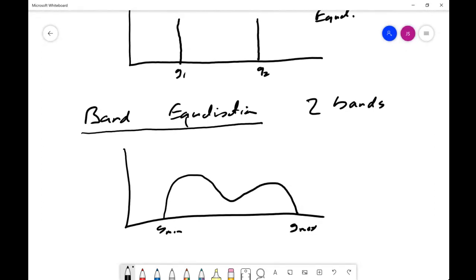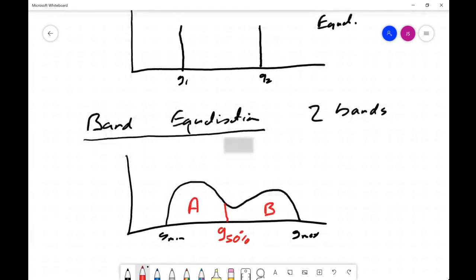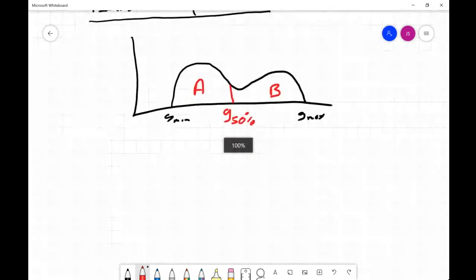I'm going to have a range of 0 to W/2 where I want half the pixels to be, and W/2 to W the other half, equal distributions within bands. So I need to find the G 50%, the midpoint of the distribution. Let's call this band A and this band B. If I'd drawn it absolutely accurately, they should have an equal number of pixels in them.